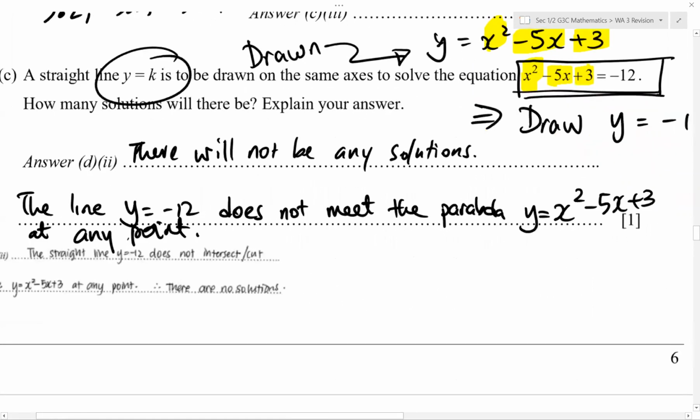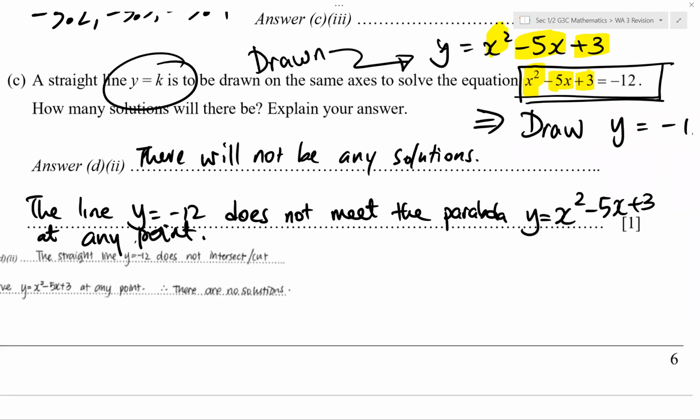The line y equals -12 does not meet the parabola at any point. No meeting, no solution.